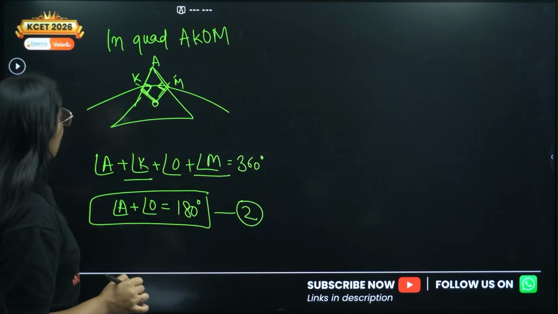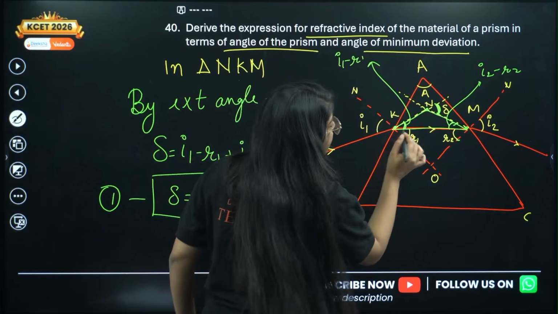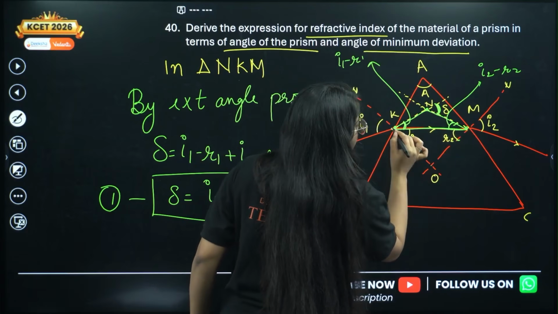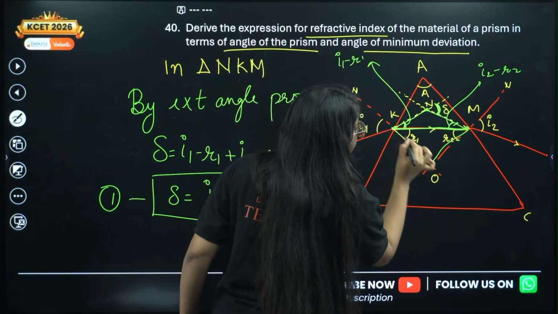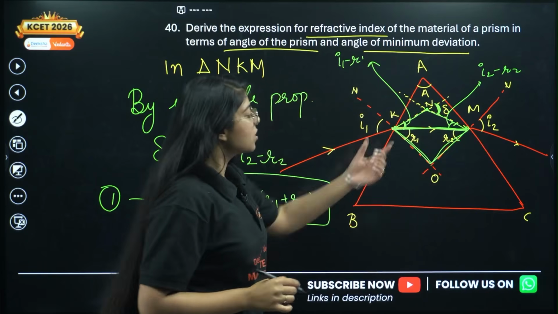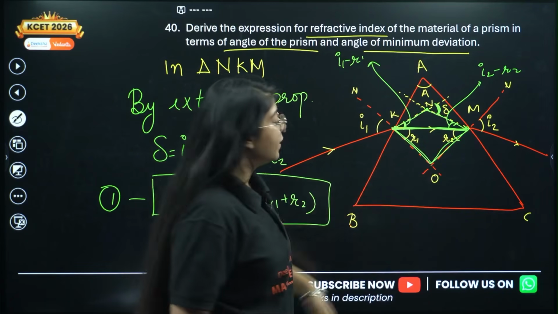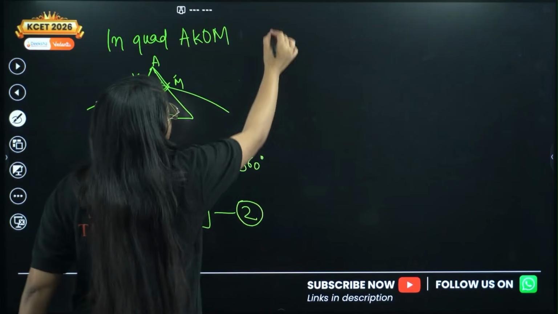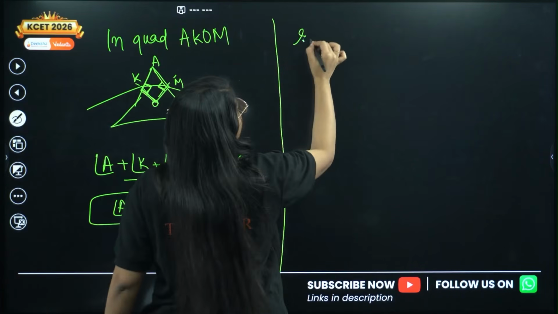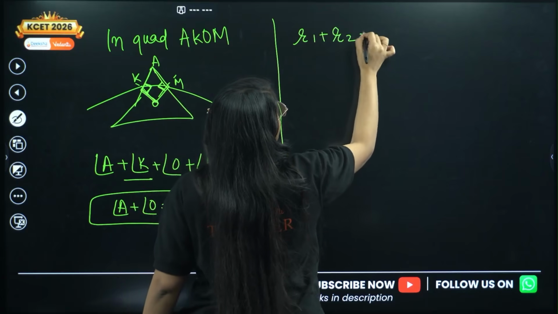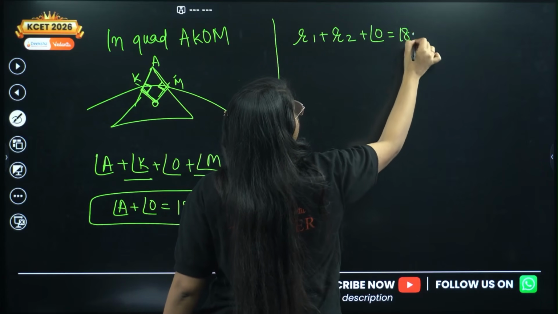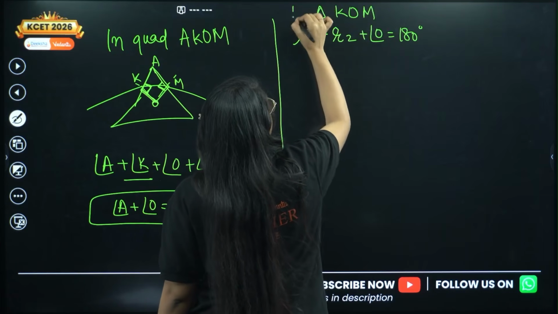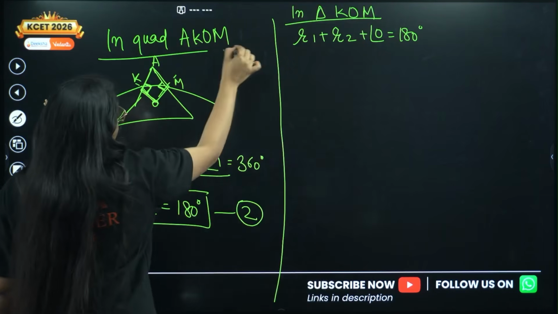Now we have to look into the third triangle, that is K, M and O. Can you see? The sum of all the angles will be what? 180 degrees. So R1 plus R2 plus angle O will be 180 degrees for the triangle KOM. Okay, understood?